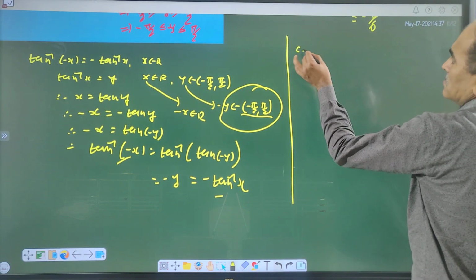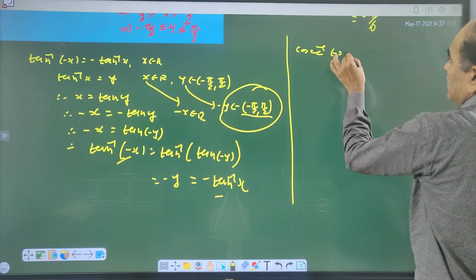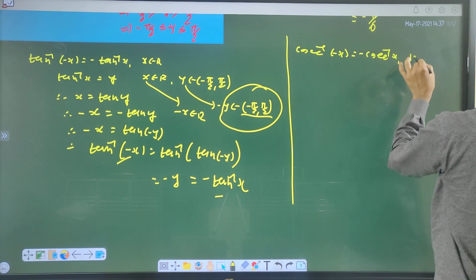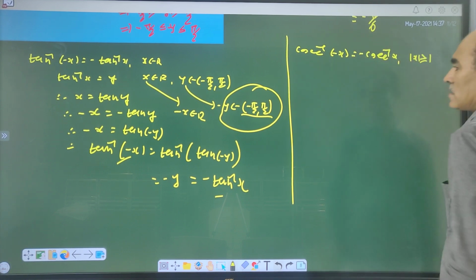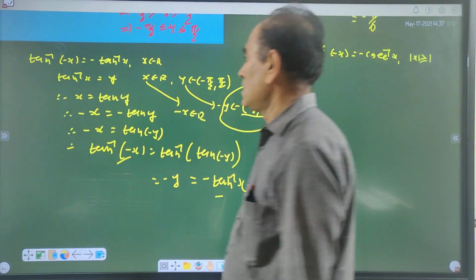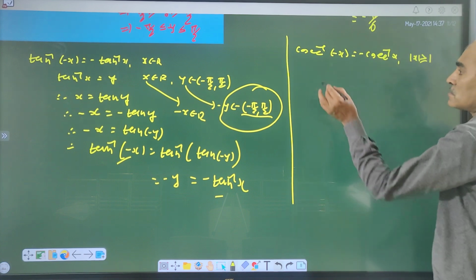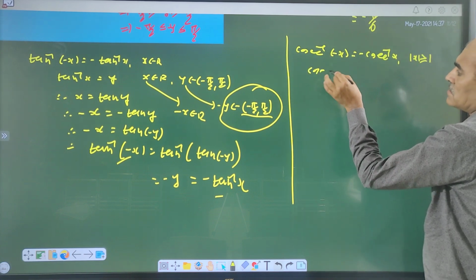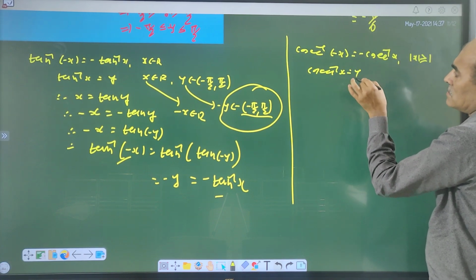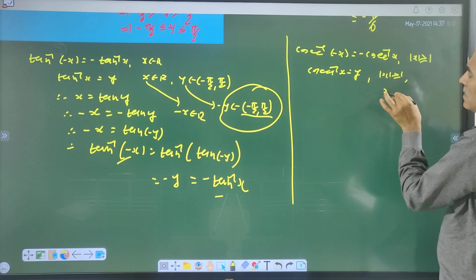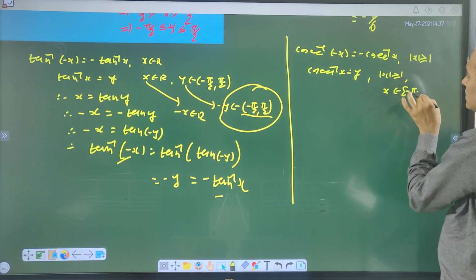Next one is cosec inverse minus x is equal to minus cosec inverse x whenever mod x is greater than or equal to 1. Now see here, cosec inverse x. So suppose that cosec inverse x is equal to y. So mod x is greater than or equal to 1, and y belongs to where?